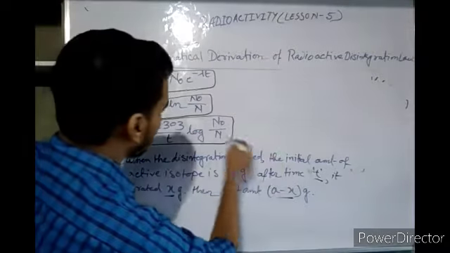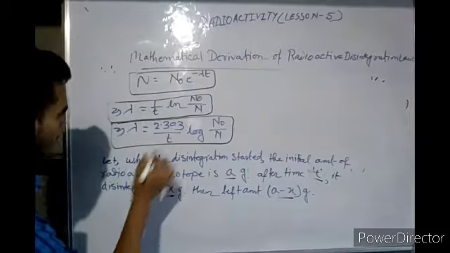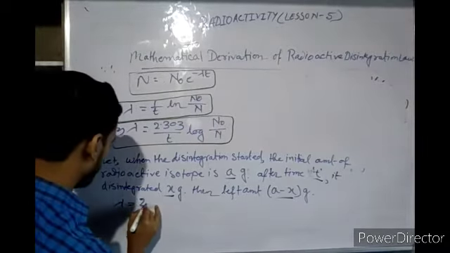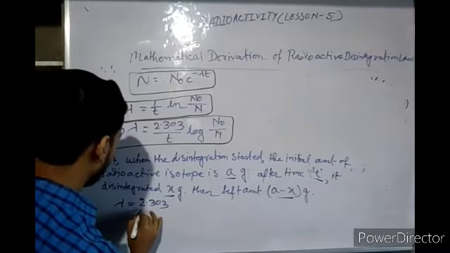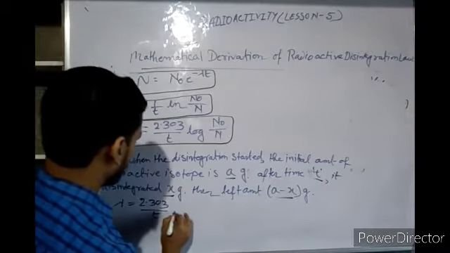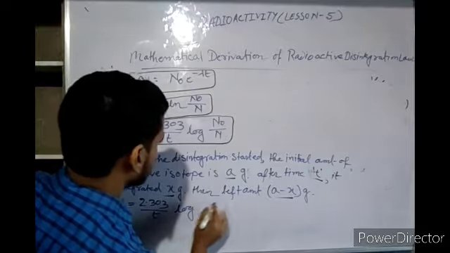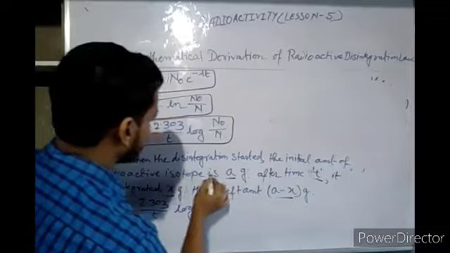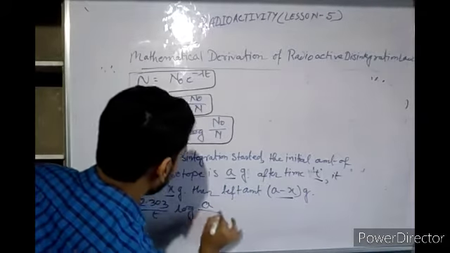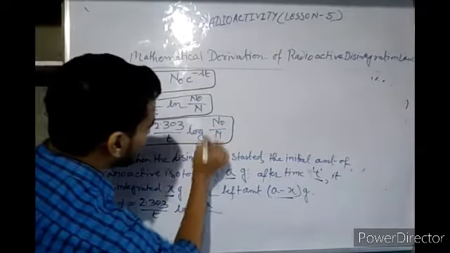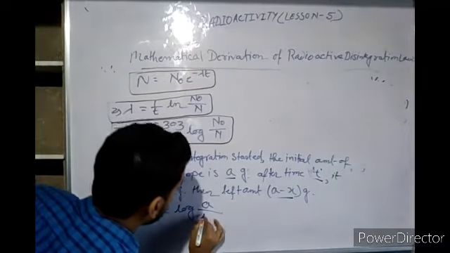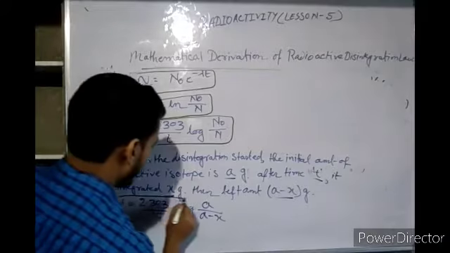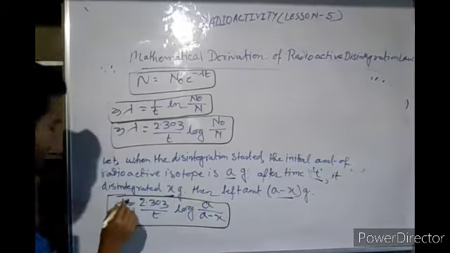So putting the values A and A minus X in this equation, lambda will be 2.303 by t log n0 by n. Here n0 is the initial amount, which is A, and n is the present amount, which is A minus X.